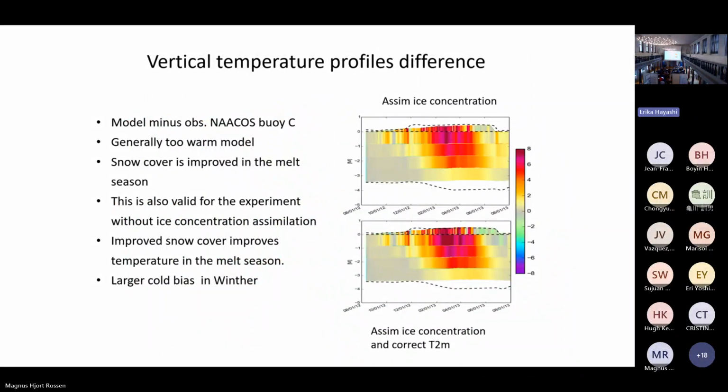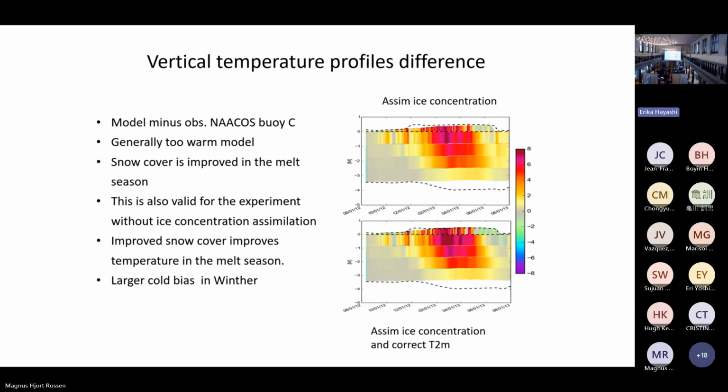Then, when we look at the temporal differences on the evolution in the ones with assimilation, not bias correction, one thing to note is that the lower one, the snow cover in the end of the season is much better, and that also produces much smaller vertical biases.